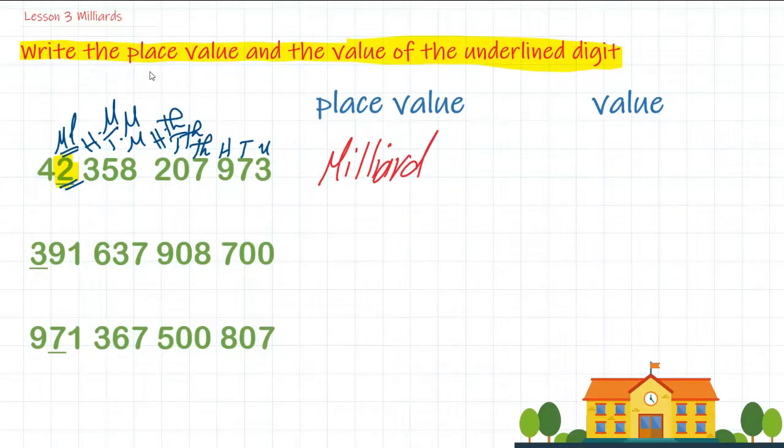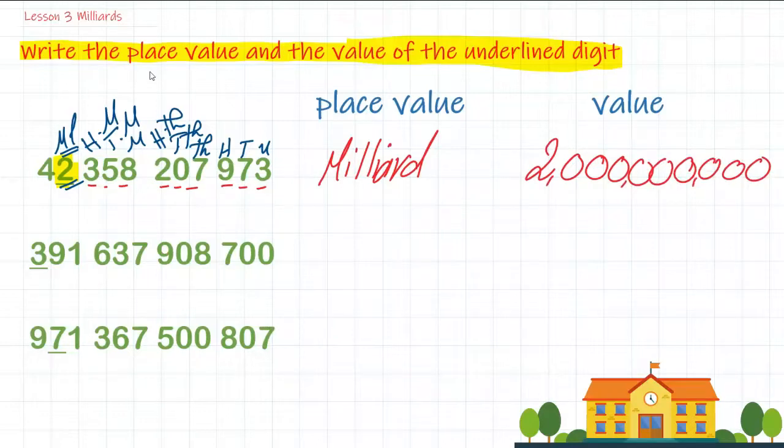What about its value here? So as we said before, just write the digit and count the number of digits to the right of it. So we have here 1 2 3 4 5 6 7 8 9. So let's replace it with 9 zeros. So we have here 2 milliards.